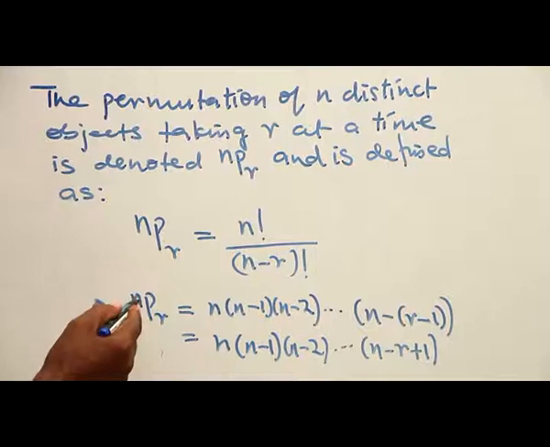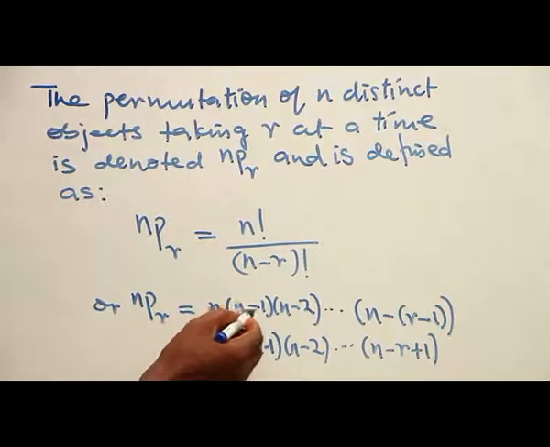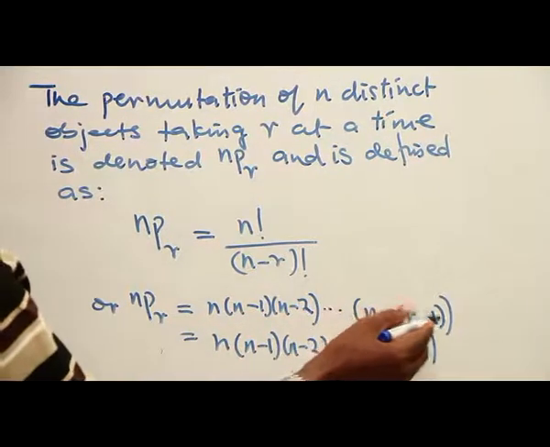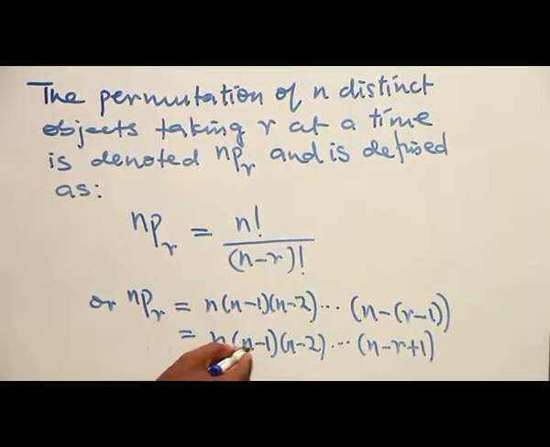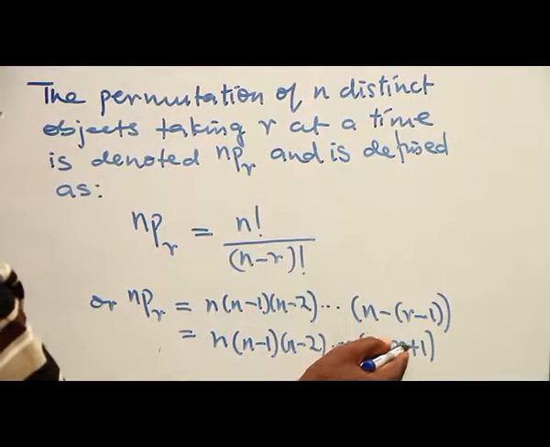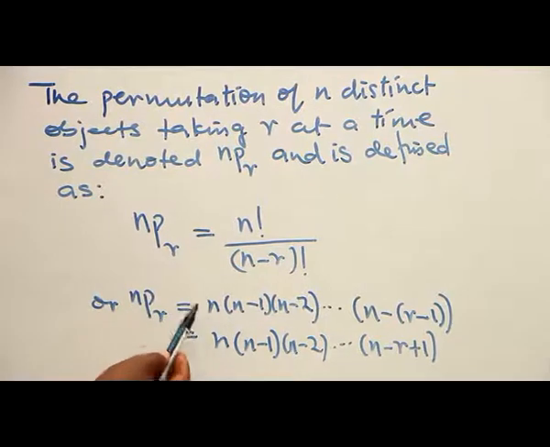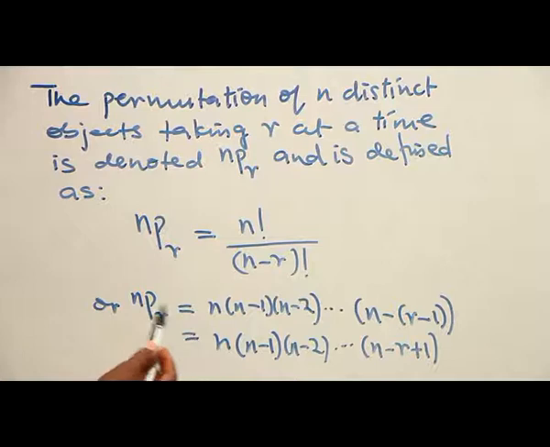Or our n permutation r is equal to, expanding it, n into n minus 1, n minus 2, until you finally get to the last value. And this can be simplified to be n into n minus 1, n minus 2, and then until n minus r plus 1. So this format will be used in expressing n permutation r.